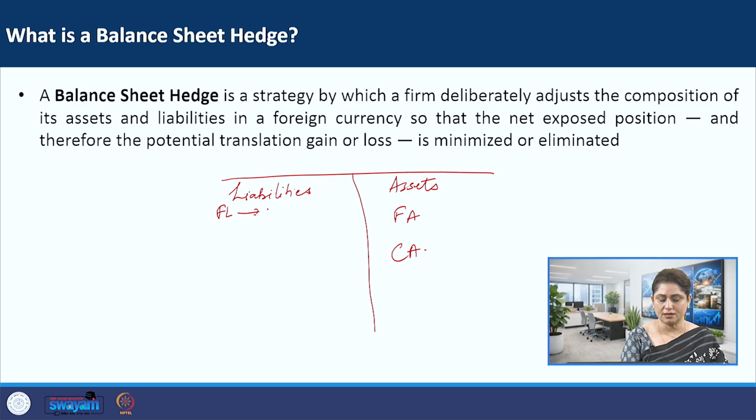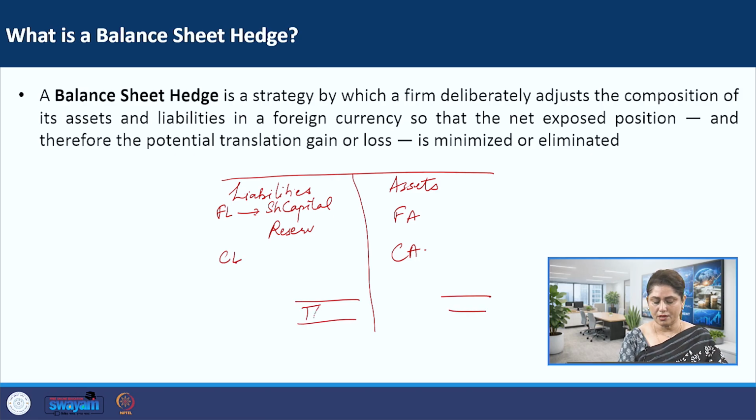Now in these fixed liabilities we have share capital and we have reserve. We have also current liabilities. Now if the total of liabilities is equal to the total of assets, then there is no translation gain or loss.